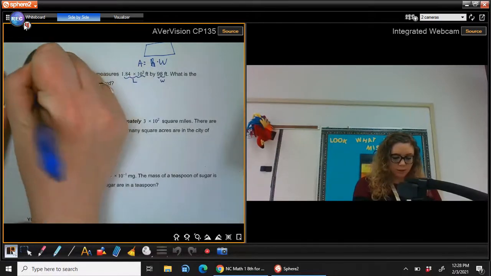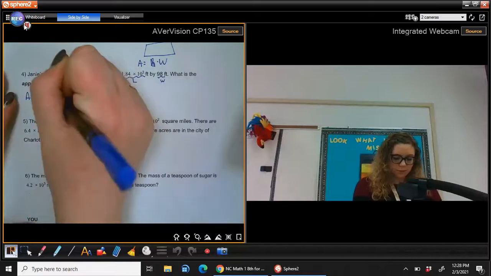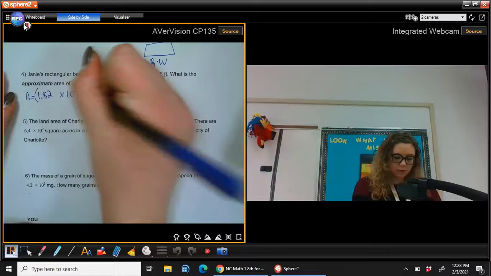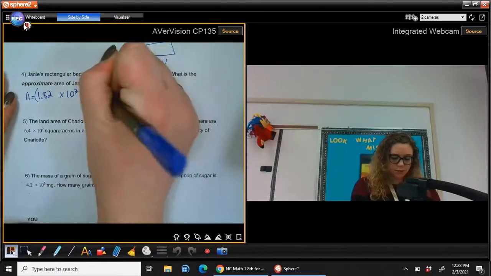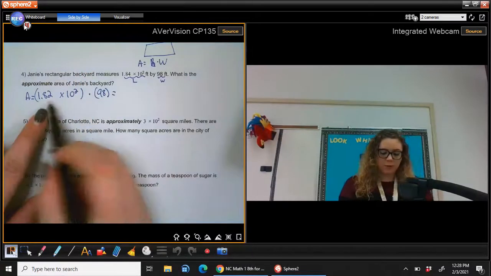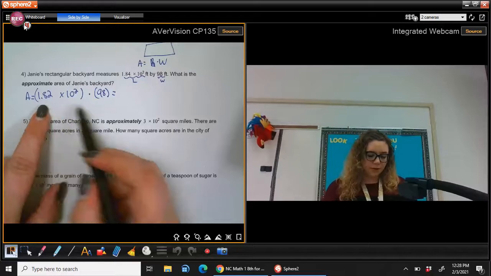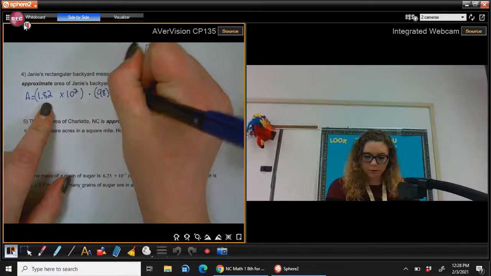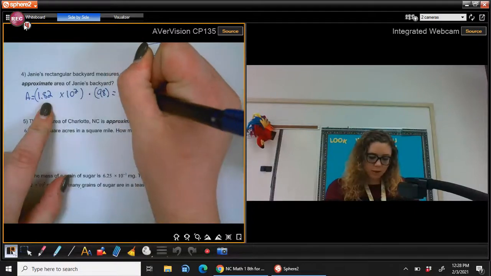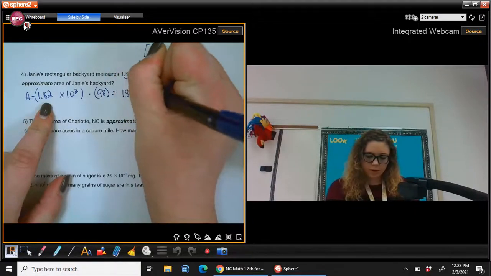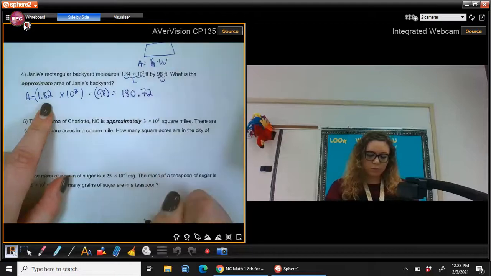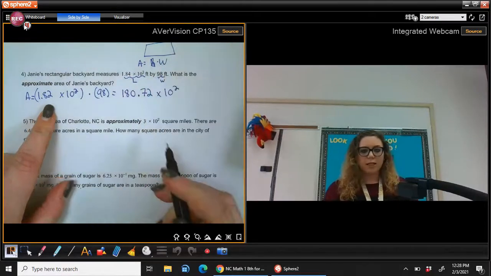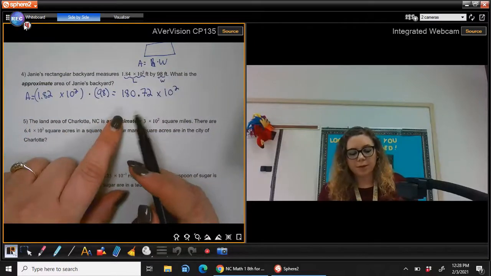Okay, and it's what we did yesterday. Times 98. So we're going to multiply my coefficients. 1.8 times 98 is going to give me 180.72 times 10 to the 2nd power. Okay, is this number in between 1 and 9.9?